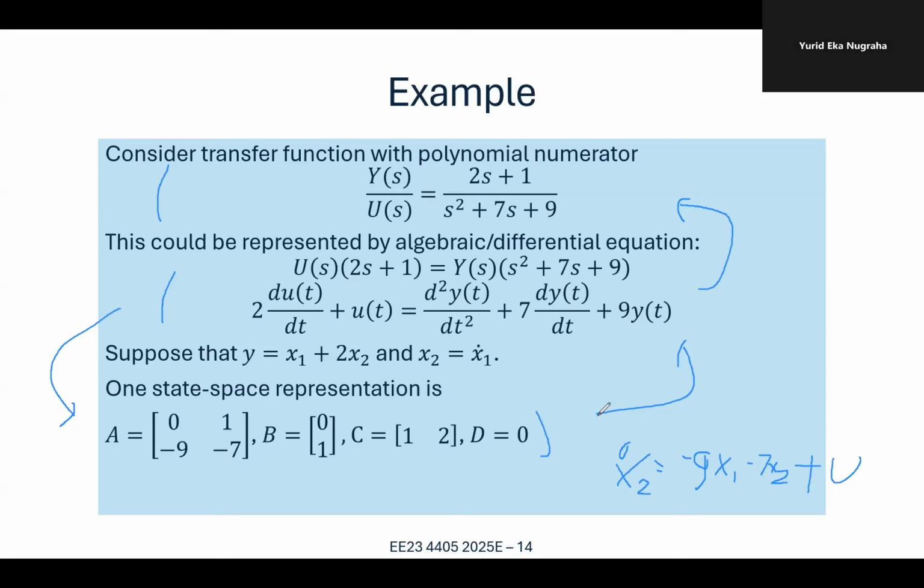And here x1 dot is x2 and y is x1 plus 2 x2. So if we look at this, we try to convert everything in terms of x1 and x2, and then in terms of y, sorry.